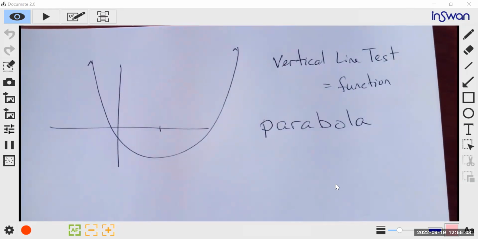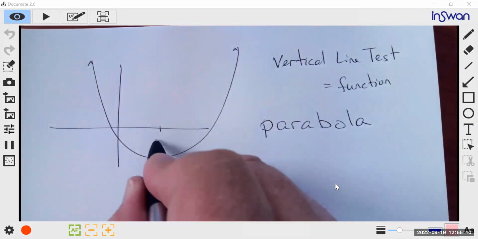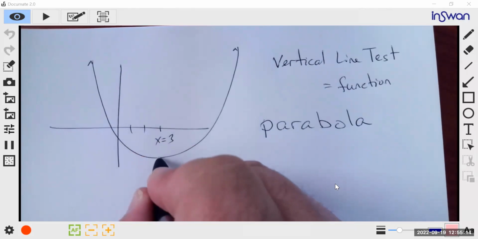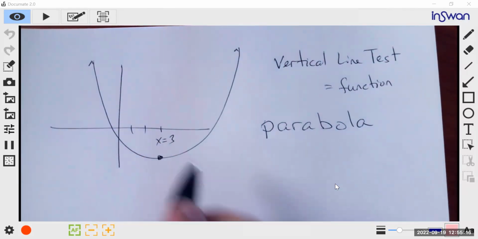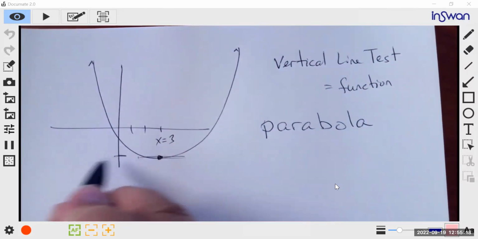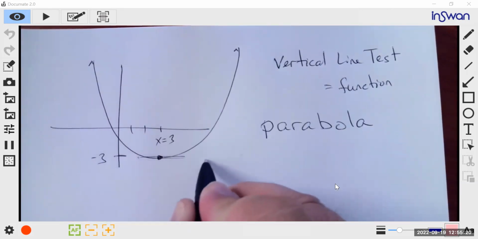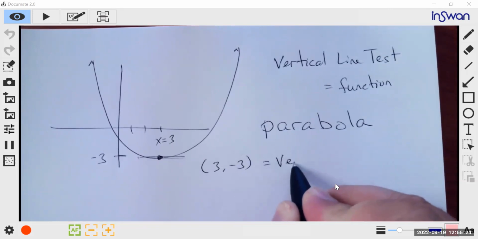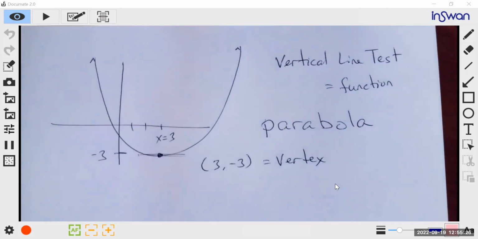It's a parabola. Let's say it has a bottom here at x equals 3. And at this point, at 3, -3, we have what's called the vertex.